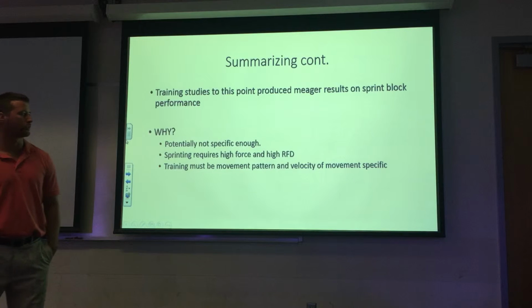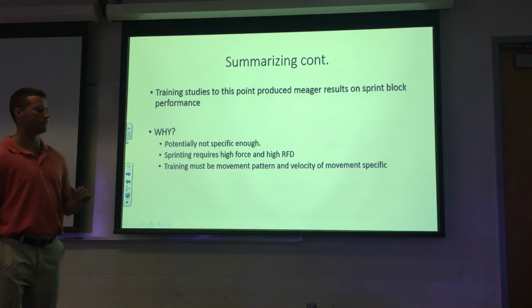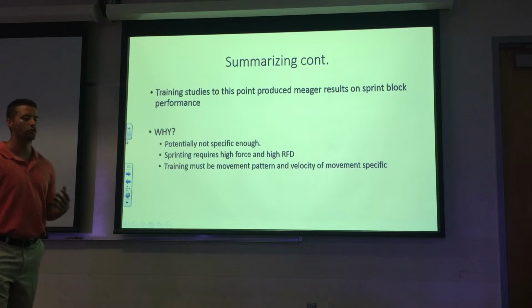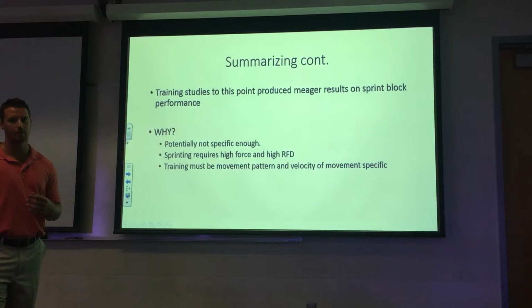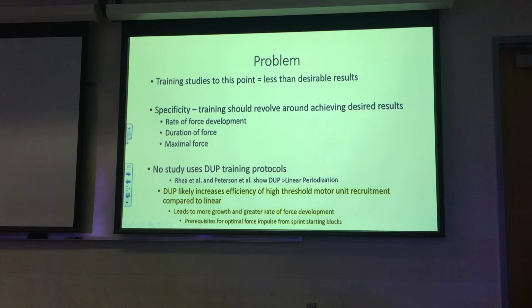Sprinting requires high force and high rate of force development, which are two different things, and training must be movement and velocity specific. We'll talk about that more as we go on. So the problem, like I just mentioned, is that the studies aren't producing the results we would hope, and specificity appears to be the reason why.